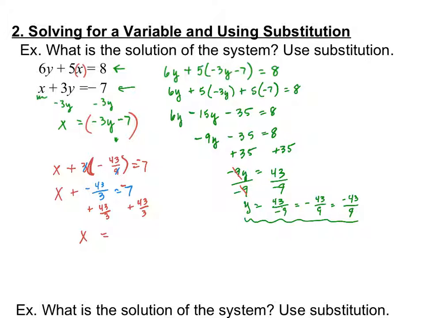So negative 7 becomes negative 21 over 3 plus 43 over 3. And that combined together becomes 22 over 3, or we could also call that 7 1/3.